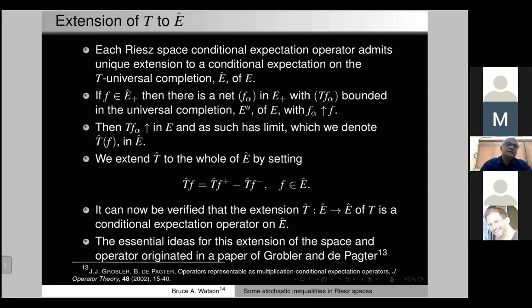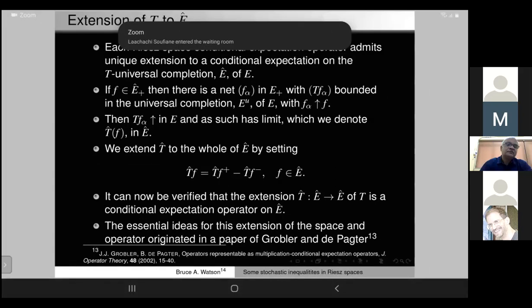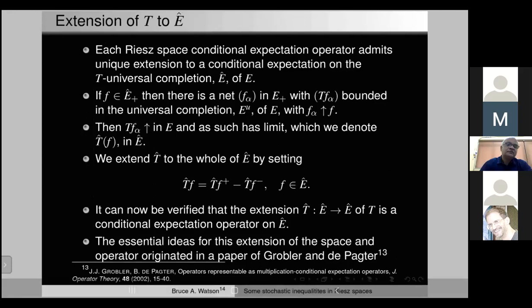It should be noted that these original ideas appear in the paper of Grobler and de Pagter, as cited below. They were working in measure spaces, but the essential ideas are there.